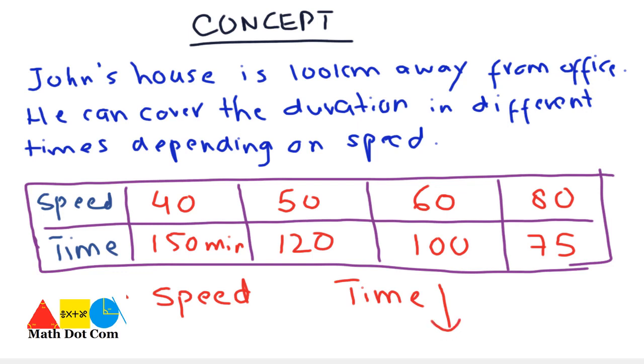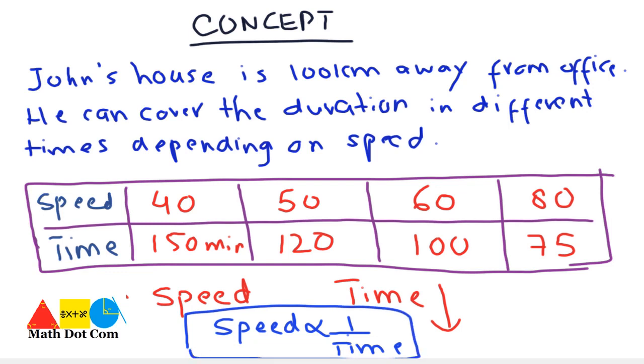It means speed and time are inversely related to each other. So this is the concept of inverse relation between two quantities when one is increasing and the other is decreasing. It means if you move fast, your time will be reduced.